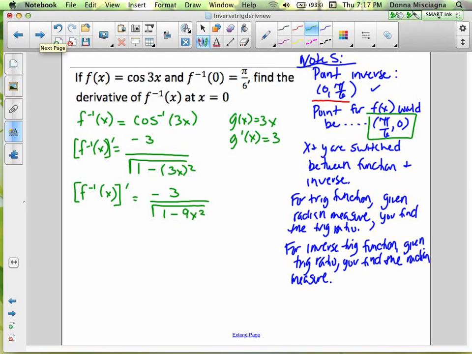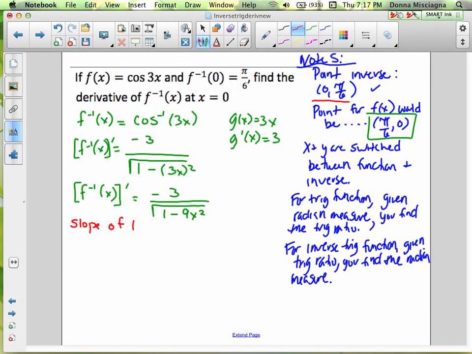All right, so now we want to evaluate that at x equals 0. That is x equals 0 for the inverse because we know we plug the ratio into the inverse function and the angle measure comes out. All right, so this is the slope. When we're plugging in 0, we're finding the slope of the tangent line.